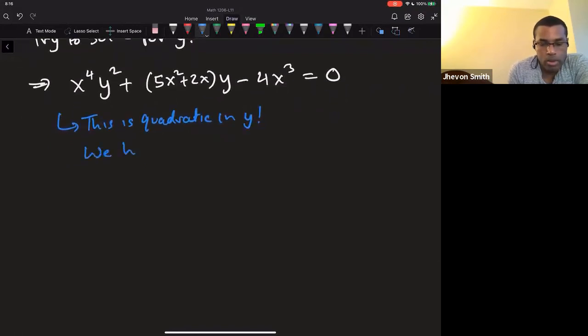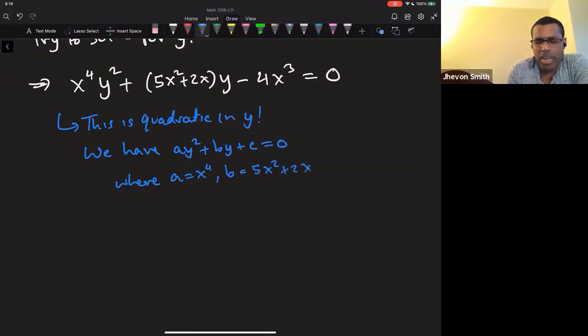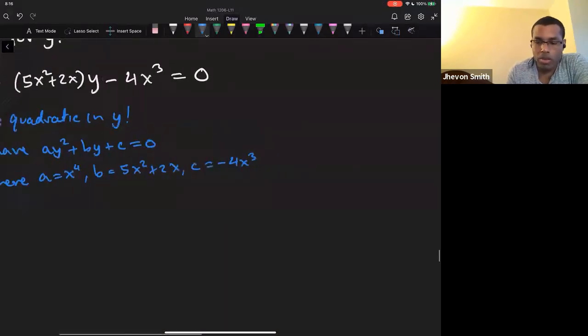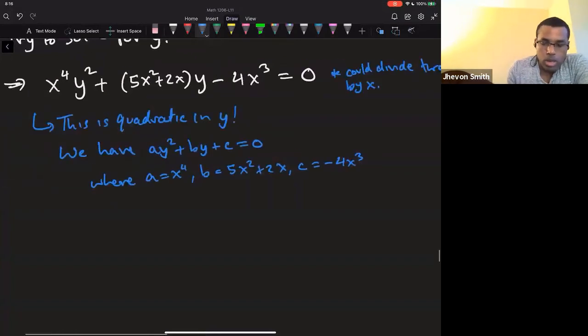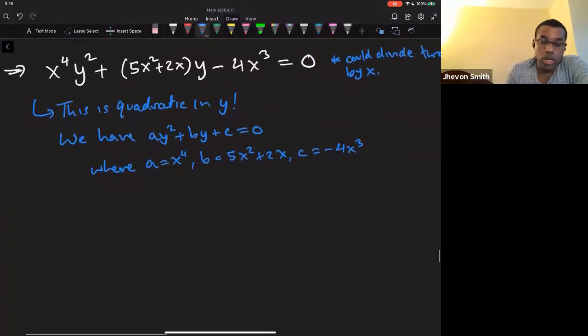So we have ay squared plus by plus c equals 0, where a equals x to the fourth, b equals, and I could divide through by x here, but I'm being lazy. I just want to get to the y. So here we can apply the quadratic formula.